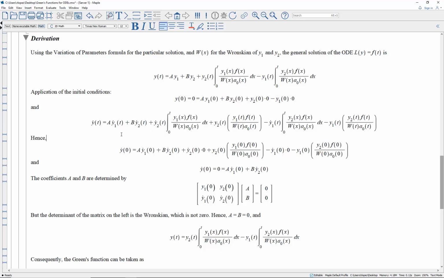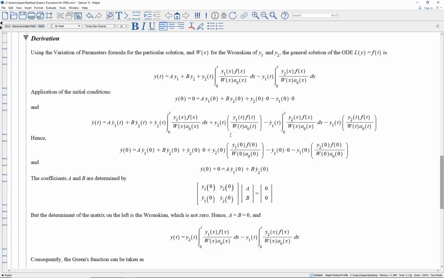But now you have to take the derivative, because you can set the derivative equal to 0 at time 0. So how do you take the derivative? Here's y1, you're going to get y1 dot. Here's y2, you're going to get y2 dot. This is a product. You're going to get y2 dot times the integral. Then you're going to get y2 times the integrand. And here you have minus y1 dot times the integral minus y1 times the integrand.